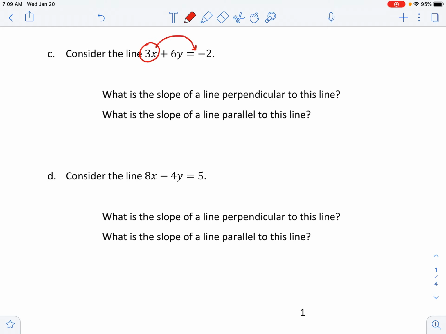I only want y on the left side. Then I will have 6y equals, the 3x was a positive term, but really I'm subtracting 3x from both sides to cancel out that 3x on the left. So if I move it, it turns into a -3x, and I bring down that -2. I need to divide everything by 6 now.